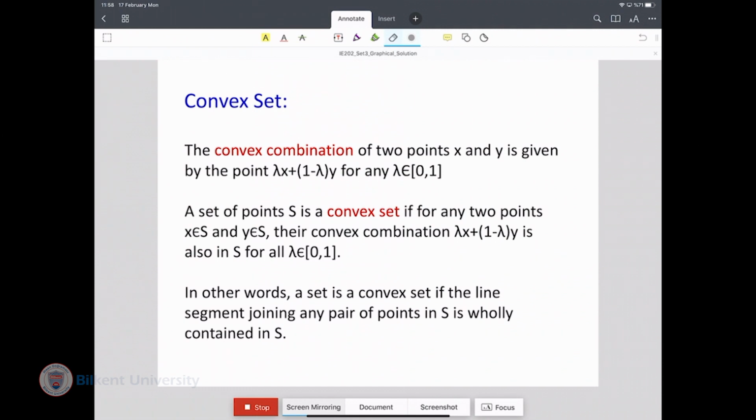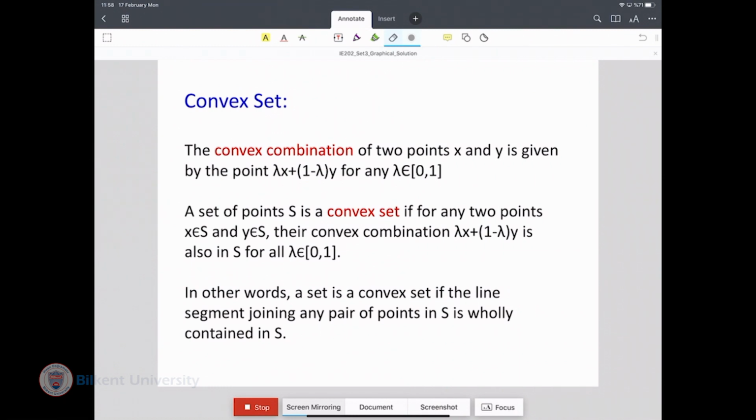The convex combination of these 2 points is, for any lambda, you just draw the line in between, lambda x plus 1 minus lambda y, for every lambda, including the endpoints. So lambda being equal to 0 gives you point y, and lambda being 1 gives you point x for this example. Now, this is a definition of convex combination.